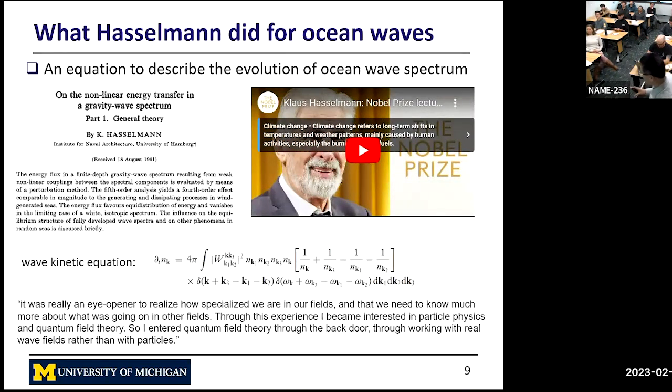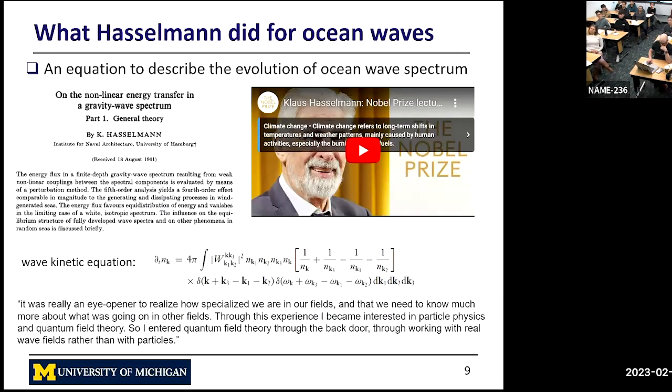This equation is actually much more complicated than what I wrote because there is an interaction coefficient that, if I write that down, could be one page. Anyway, this equation tells us the time evolution of what is called NK. NK precisely is a wave action spectrum, but I will not describe in detail the difference between wave action and wave energy. So you could think about NK as a wave energy spectrum.